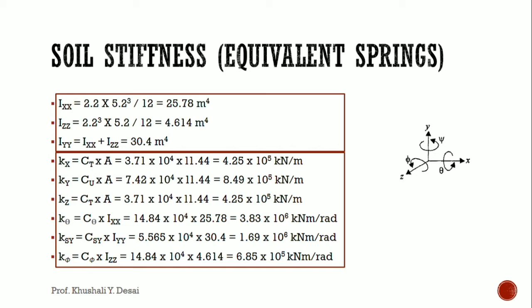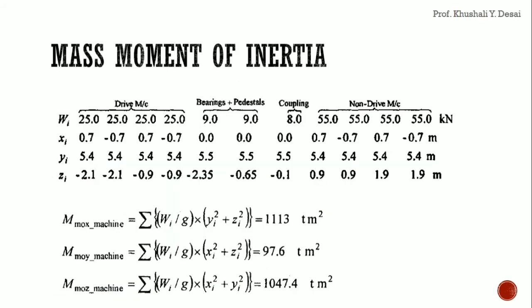But if the stiffness is rotational, mass has to change into mass moment of inertia, and for that we require the mass moment of inertia of machine and foundation together. So for the machine, this table is already familiar to you. About x, the equation is W by g into (yi square plus zi square), and the summation of all these values comes out to be 1113 ton meter square.